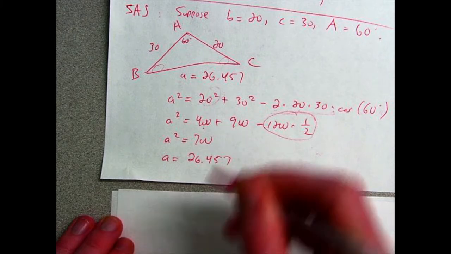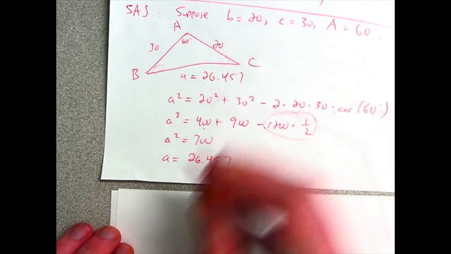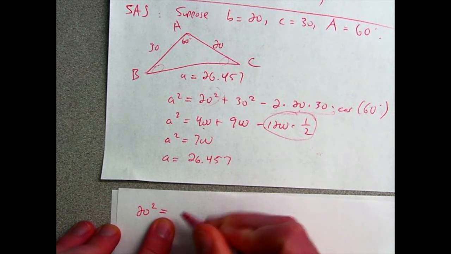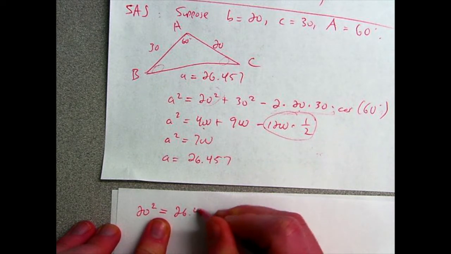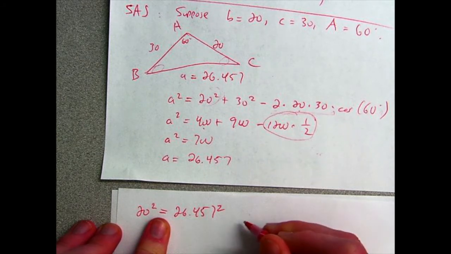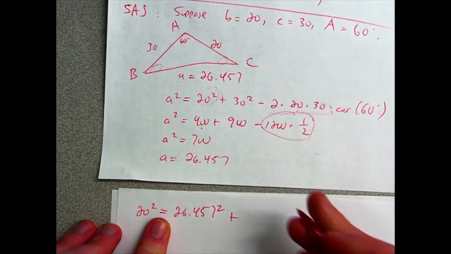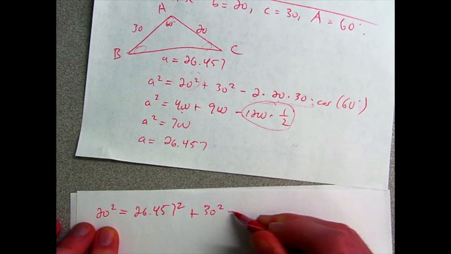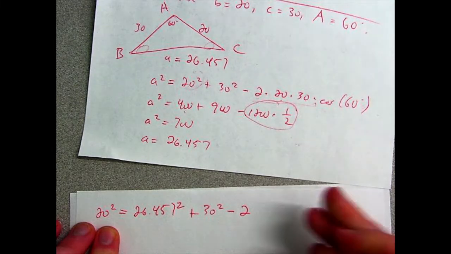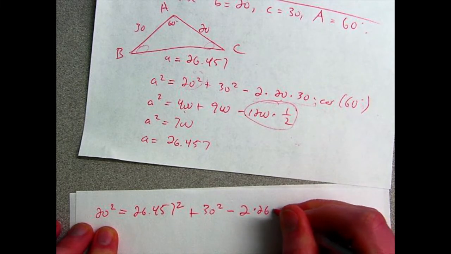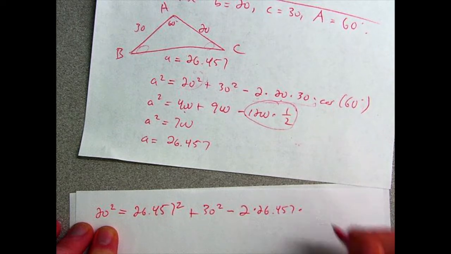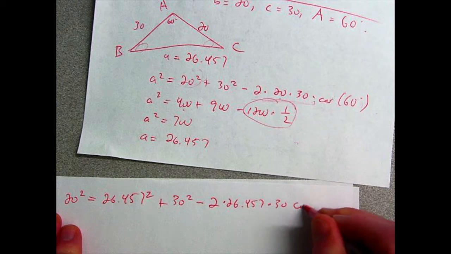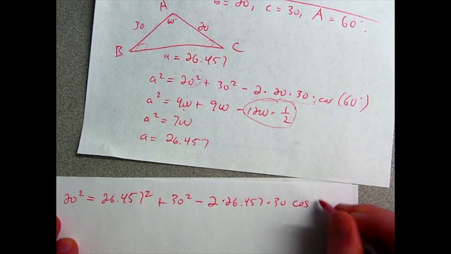This is b, right? 20. So that's 20 squared is equal to a squared. That would be the 26.457 that I just found, plus c squared, which would be 30 squared, minus 2 times a times c, so that's 2 times the 26.457 times 30, times the cosine of angle b, right?